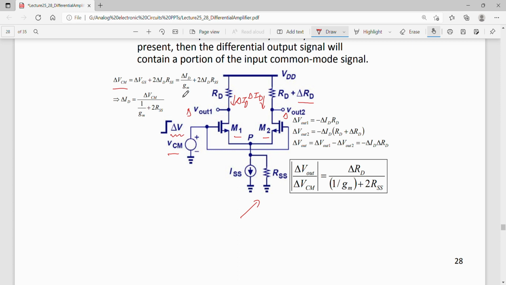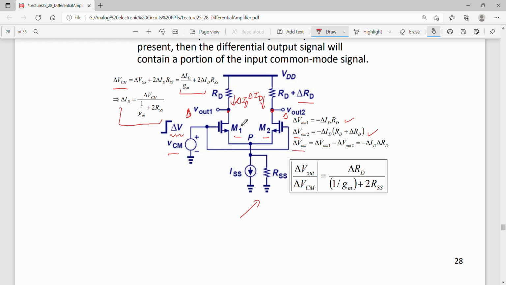So from here I can find out delta ID, similar to how we found delta IC for the BJT based differential amplifier. Now if I have delta ID, I can find delta V out 1, that is change in V out 1, which will be delta ID times RD. Similarly delta V out 2 is minus delta ID times RD plus delta RD.